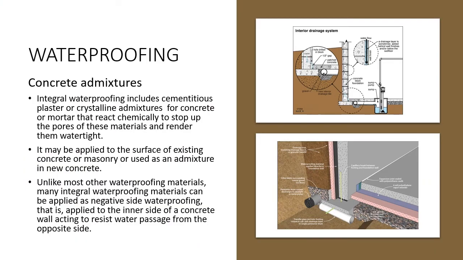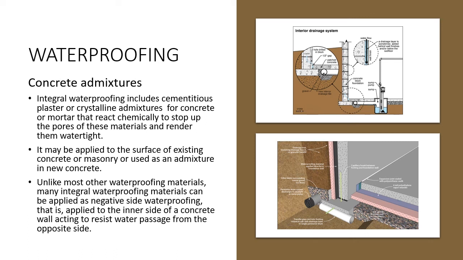Concrete admixture. Integral waterproofing includes cementitious plaster or crystalline admixture for concrete or mortar that reacts chemically to stop up pores of these materials and render them watertight. So sebenarnya ini adalah konkrit yang kita mixkan dengan admixture. Ability untuk protect against the water.